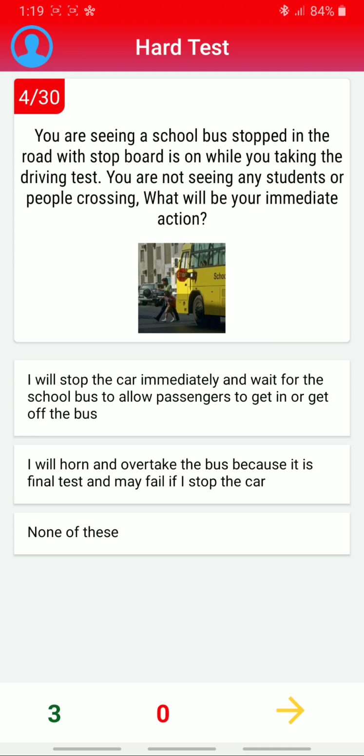Always keep in mind that in this kind of question, if there is any school bus, you will be the one who needs to stop and wait until the bus stop sign is closed and you see that everything is clear, and then you need to move. Otherwise, you will be the one who should stop. So the first answer is correct.